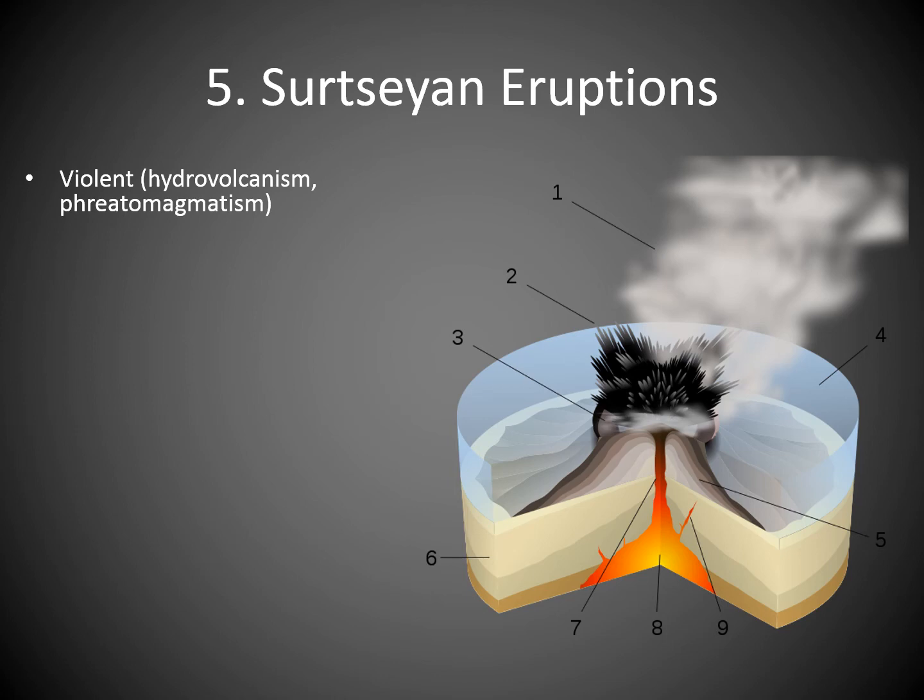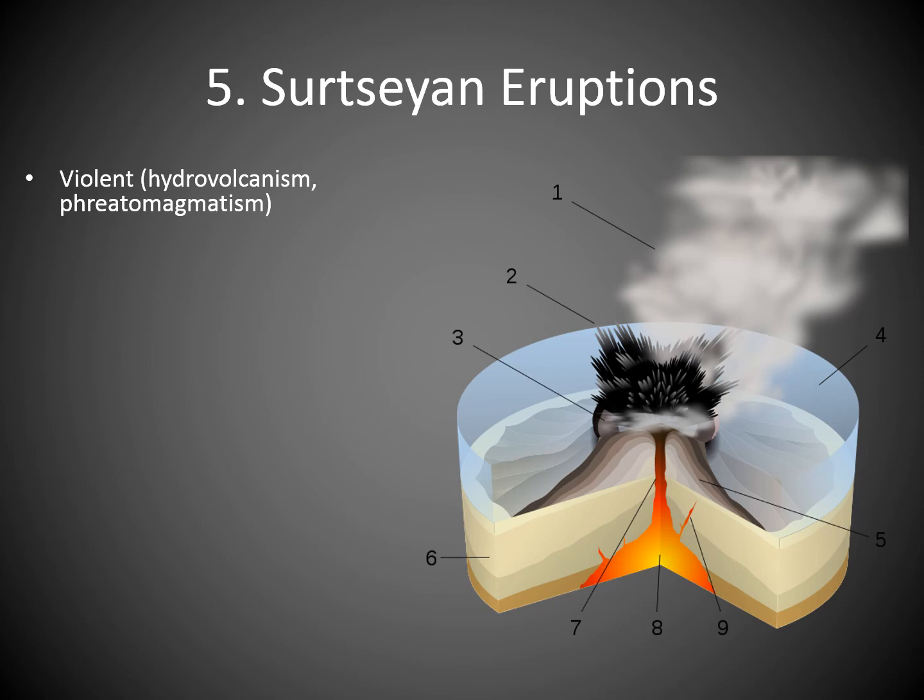These are really violent eruptions. Lots of water present, so the eruption columns tend to be really dark because of all the water. The deposits it leaves behind are tuff cones and tuff rings.